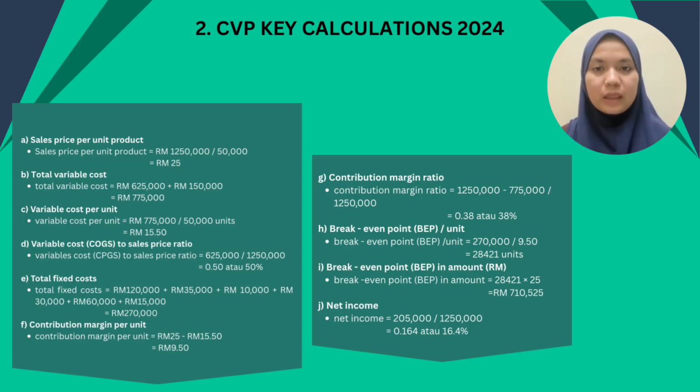And for the break-even point in units, the formula is fixed cost divided by unit contribution margin. The calculation is 270,000 divided by 9.50 equals 28,421.